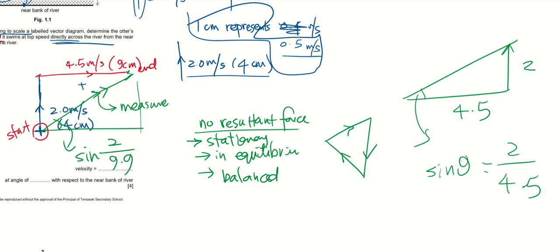I'm finding this angle, right? Oh, yes, tangent. That's why I'm not teaching math now. So tangent theta equals 2 over 4.5. If you do this, you should get between 23 to 25. Okay? All clear about how you get the angle, but you must measure.